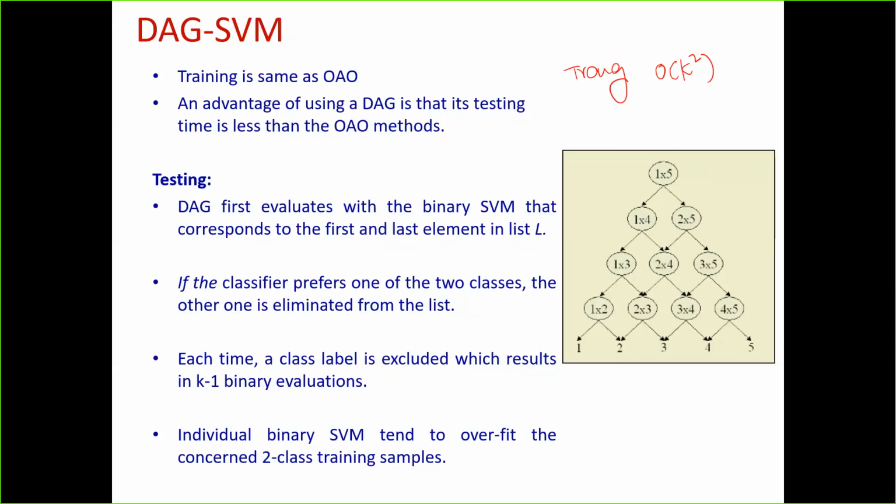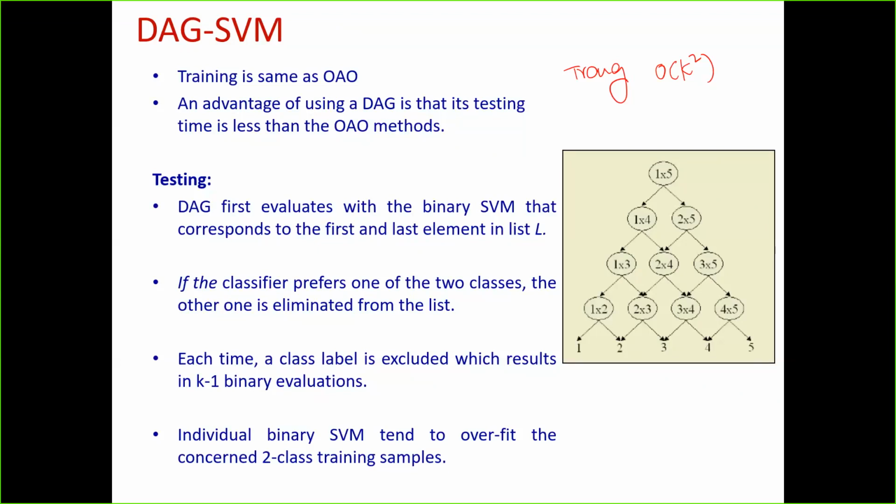Now how to test a new instance, how to make a prediction for the new instance? The advantage of this DAG SVM is that it arranges these binary classifiers in a certain fashion so that it reduces the testing complexity. It arranges them in a directed acyclic graph like fashion as you see in this figure.